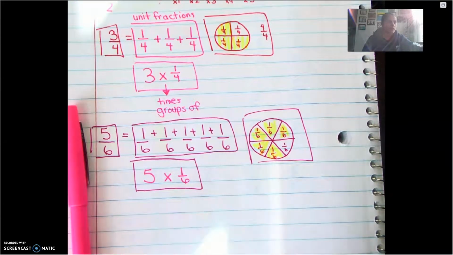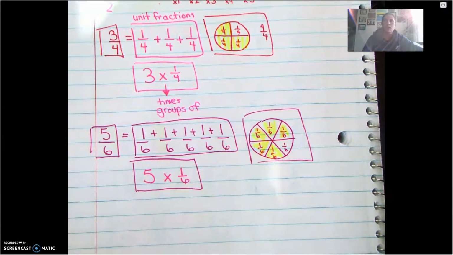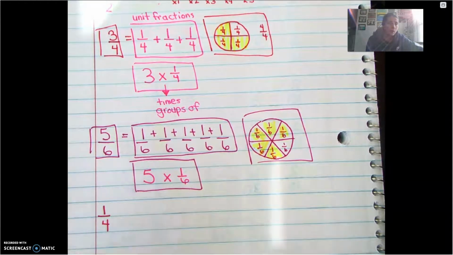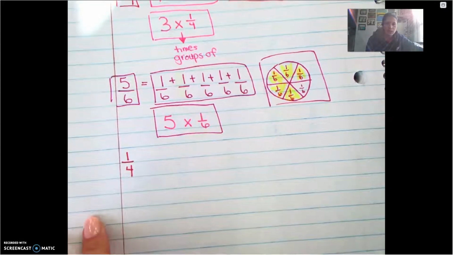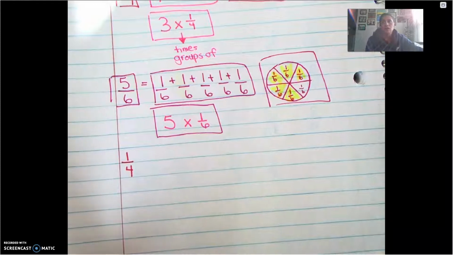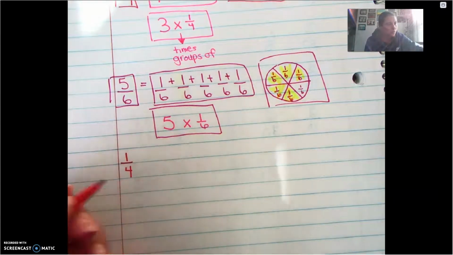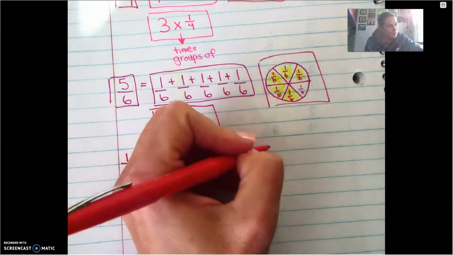We're going to add onto it a little bit. So we're going to do multiples of 1/4. Now remember, we are not changing how many pieces that we have. So I'm going to draw my picture first on this one.